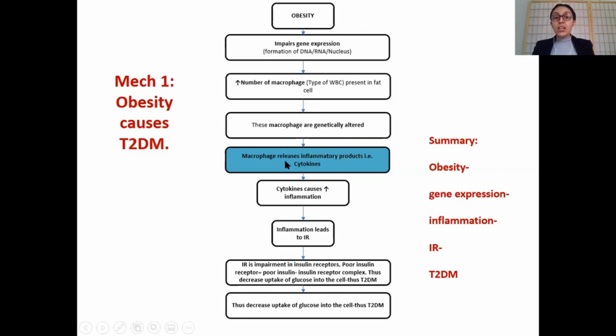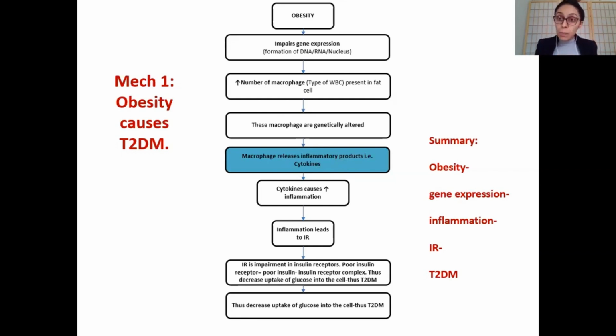Then what happens? These genetically impaired macrophages, which are higher in number, will release inflammatory products such as cytokines. Okay, so yes, you have these macrophages which will release cytokines, or even there is another thing. Again, as I said, it's not written in the slide. These are the things you have to make connections of.